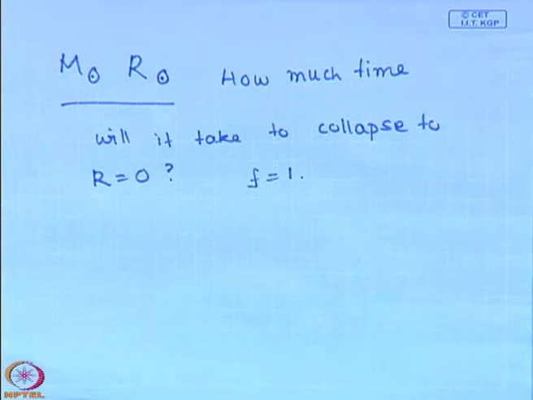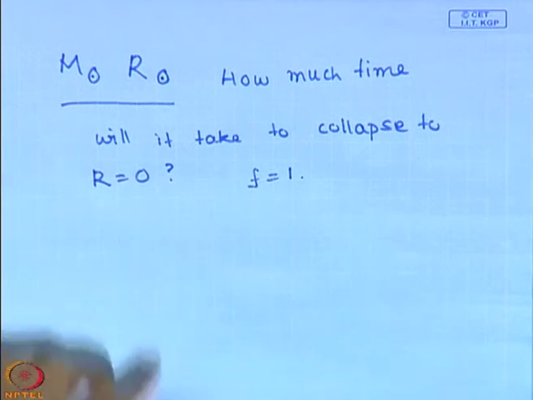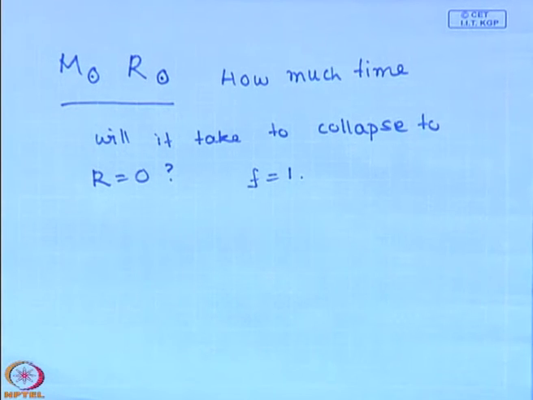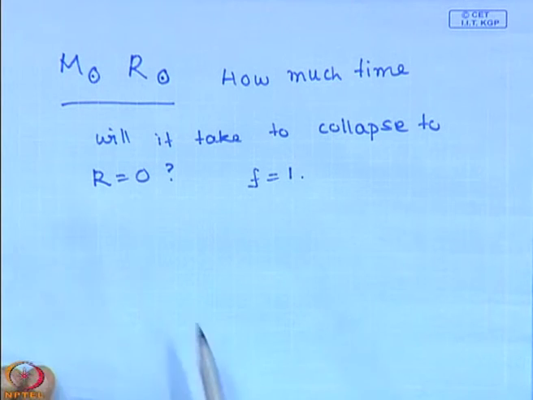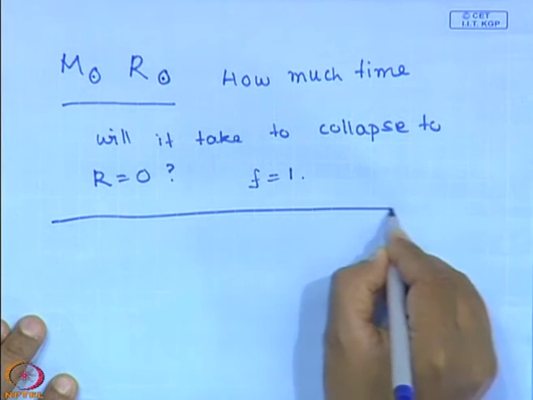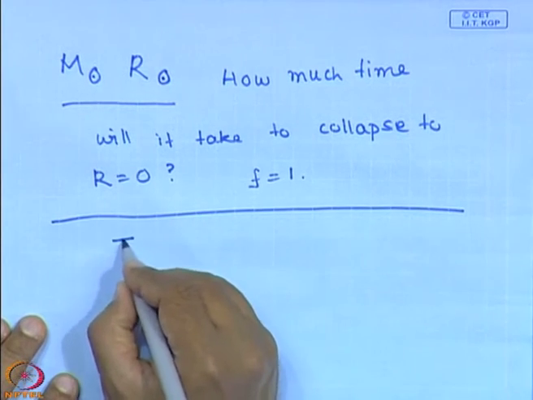Okay. When you do this, you will find that this is a ridiculously small time. So, the question is then why? How come you get such a ridiculously small time for such a massive object to radiate away all its energy? And you can actually work out the reason if you estimate what the starting T virial is.